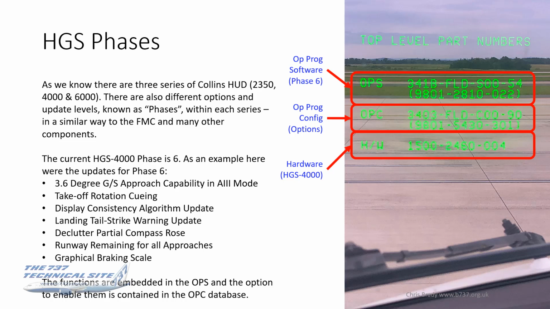If you look at the image on the right, this is from one of the maintenance pages, and it shows you the operating program software part number. That's the part number for Phase 6. The OPC, i.e. what options you've got selected, and the hardware, i.e. which HUD you've got. In this case it was the HGS 4000.